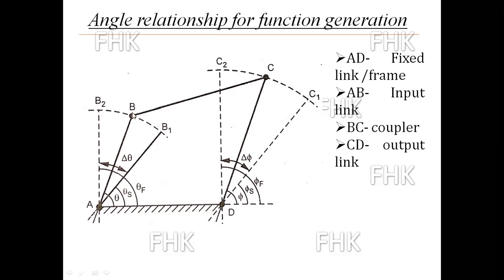Now link AB is making angle theta with fixed link AD. At the same time, link CD is making angle phi with fixed link AD.